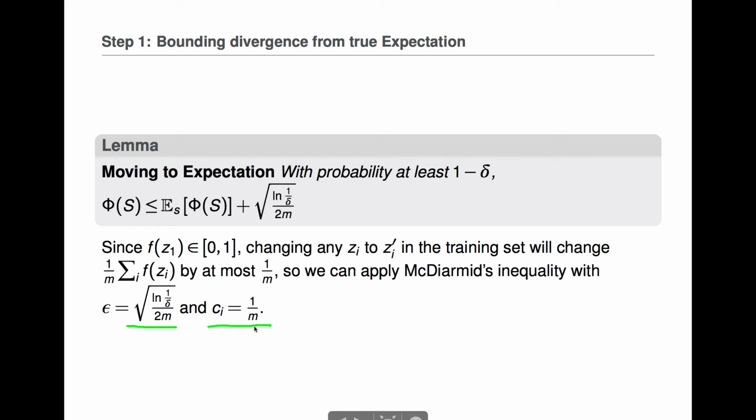Ci is 1 over m because if you change any Zi in your training set, that basically turns one answer from either being wrong to right or vice versa. So it can affect the total accuracy by at most 1 over m. So that's an easy way to apply McDiarmid's inequality, and we chose epsilon in this way so that the math works out nicely, and then we get this probability 1 minus delta here.